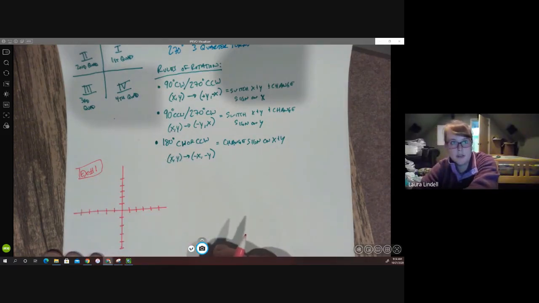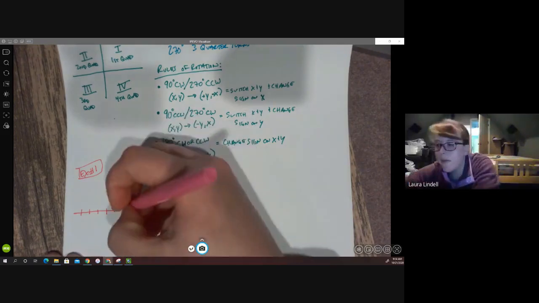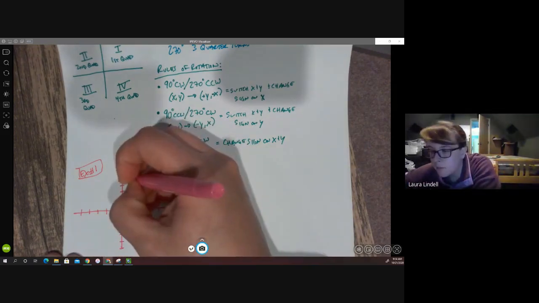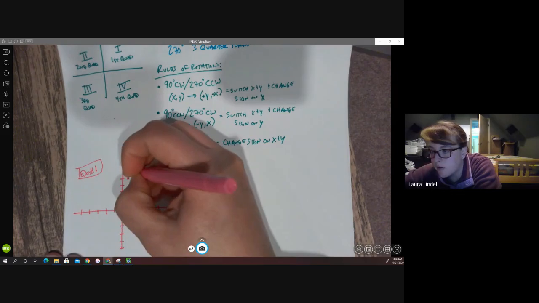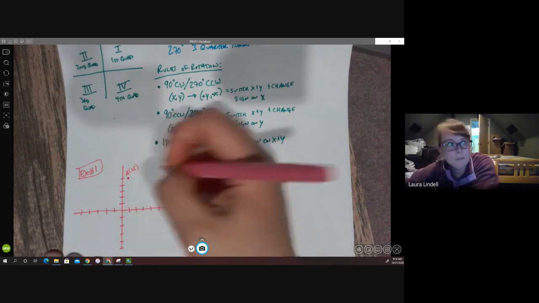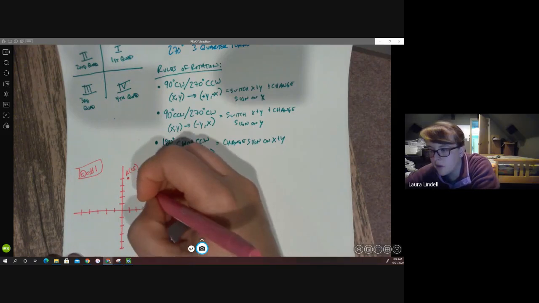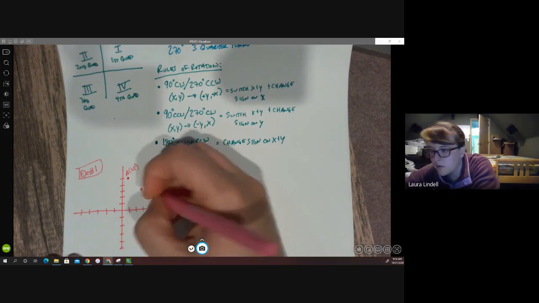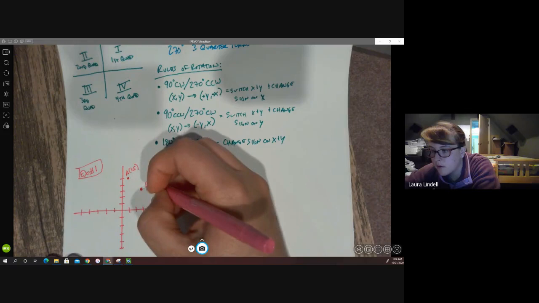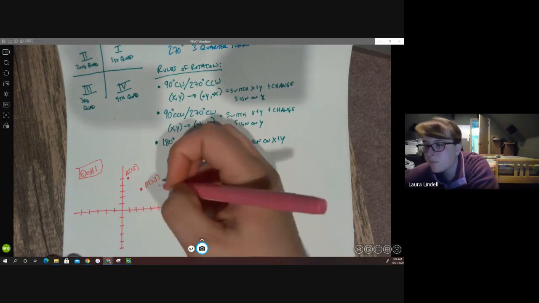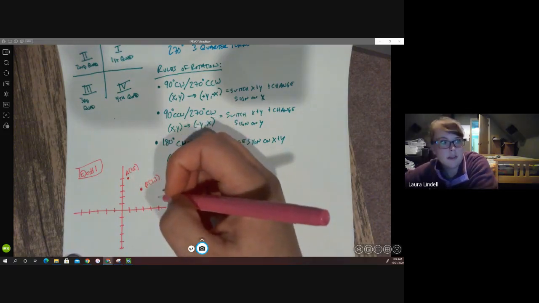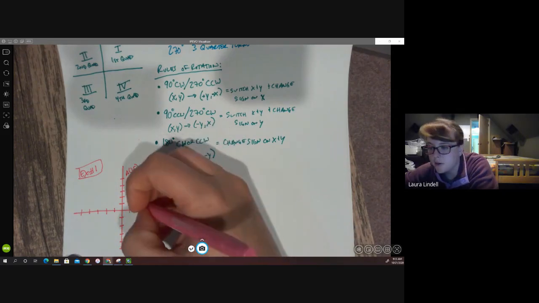And we'll take coordinate A is going to be over 1, up 5. B is going to be 3, 3. And C will be 2, 1.